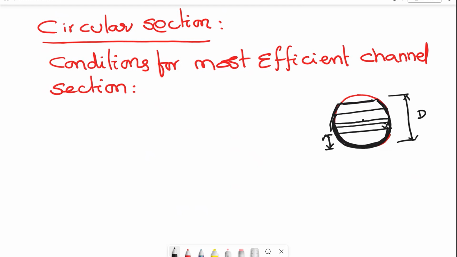Therefore, both wetted area and wetted perimeter are variables. Area cannot be treated as constant. That is what I wish to bring to your notice. Because of that, we have to derive separate conditions.